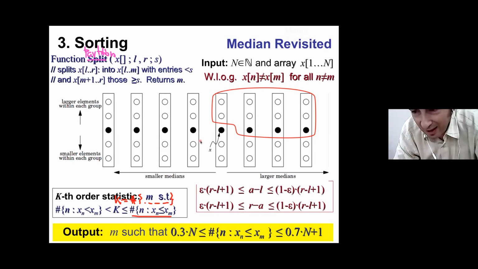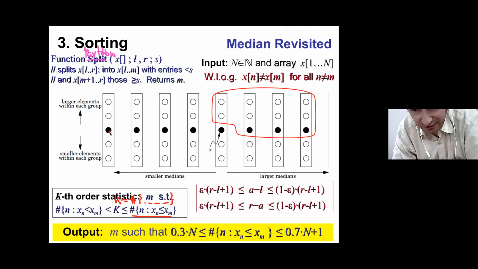And I will now try to output the median of the medians of these groups. Every group of 5 has a median. Every group of 5 contains 5 elements of the array X, so when you order these 5 elements, there is a middle element, which is the median.